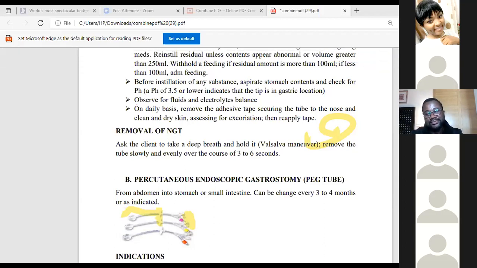Okay, that's good. Yeah, the last question was so tricky. Okay. Good to learn. As for me, I've learned a lot also because I never experienced something like a PEG tube. So this is my first time.